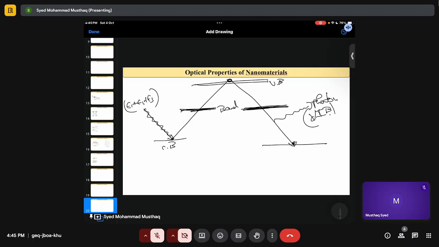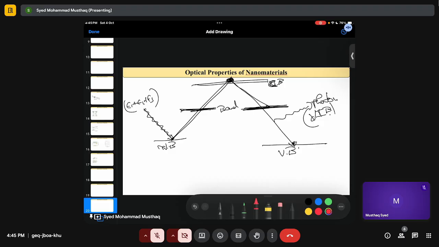Whenever I hit it, the electron will go into the conduction band. It will not directly come down; it will first come here. I will write it in red so you people can know the difference.